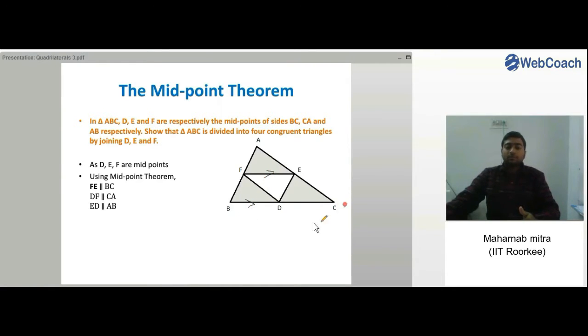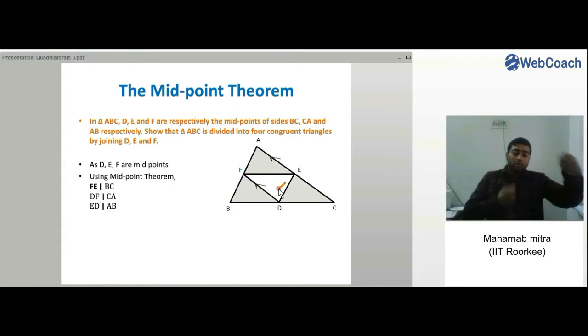Also let us look at the line DF and CA. Now DF also must be parallel to this side. Why? Because F is the midpoint of AB and D is the midpoint of BC, and we are using the midpoint theorem here. The 2 midpoints are joined. If they are joined, then the line segment joining them will be parallel to the base, right?